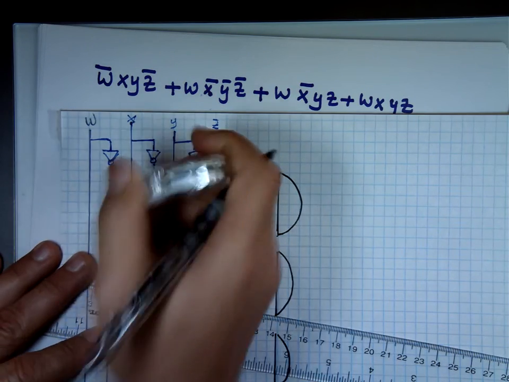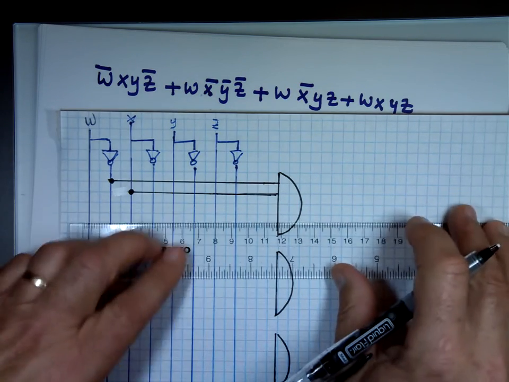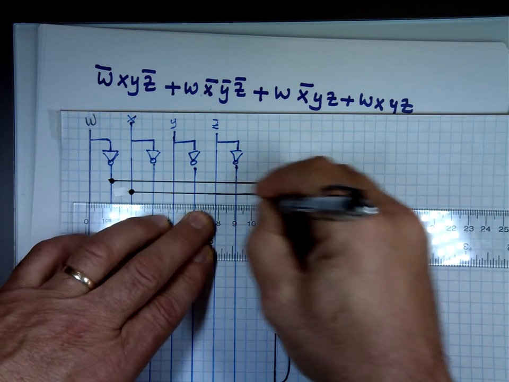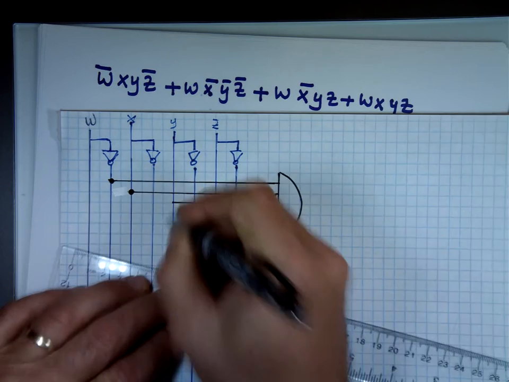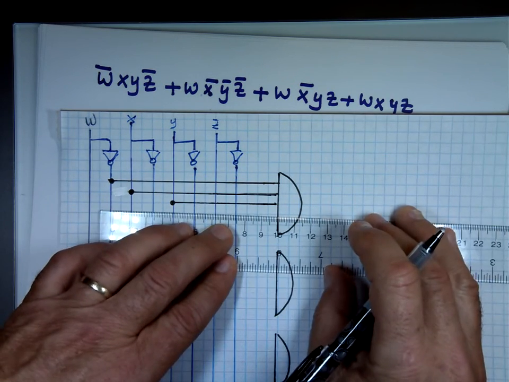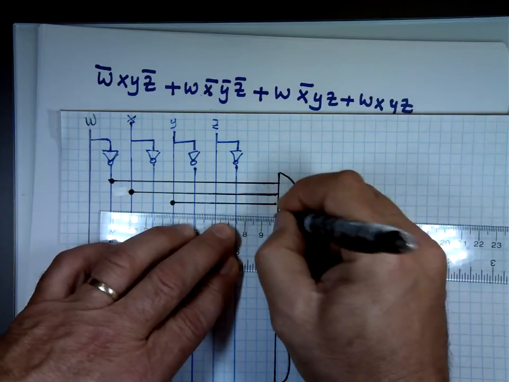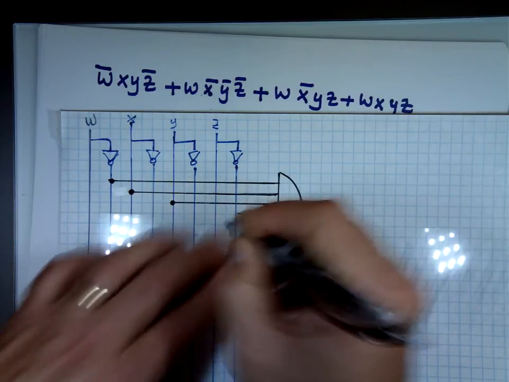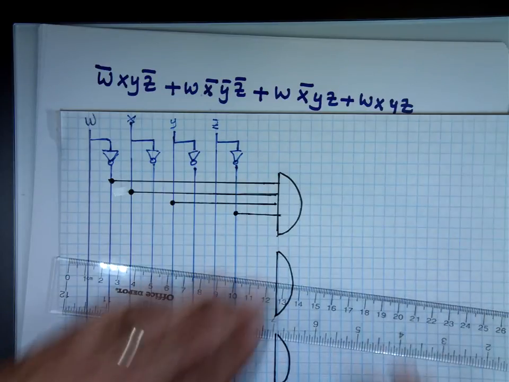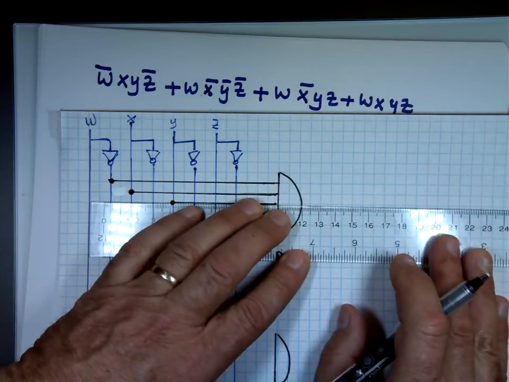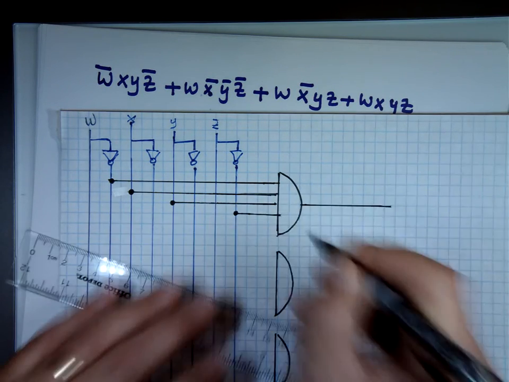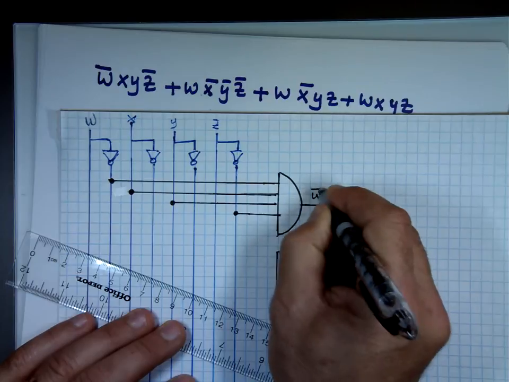Y. And the last one is what? Z bar. Z bar is right here. That's the first gate. So if I make this my output right here, this is W bar, X, Y, Z bar.